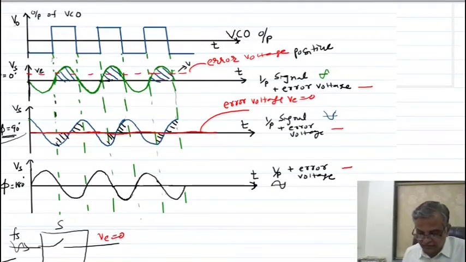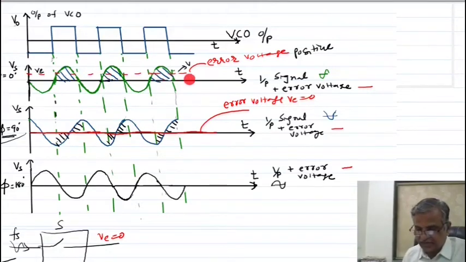When there is a 90-degree phase shift between the input signal Fs and the output of the VCO Fo, then this much portion of the input signal passes through the switch. As a result, the average voltage VE will be 0.